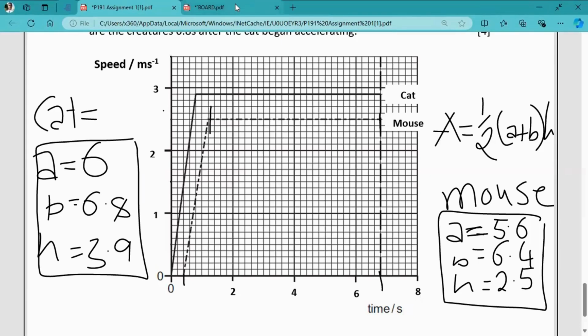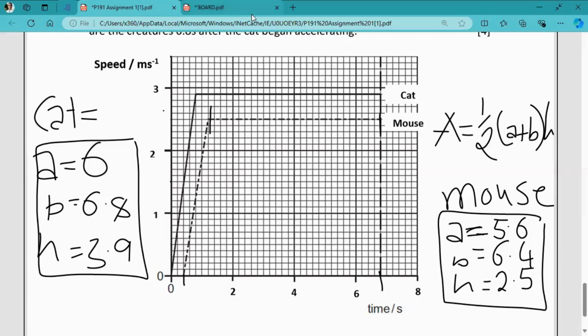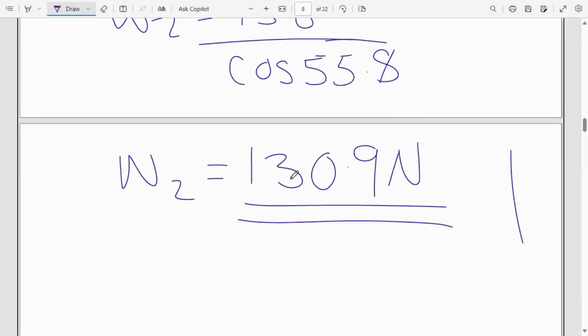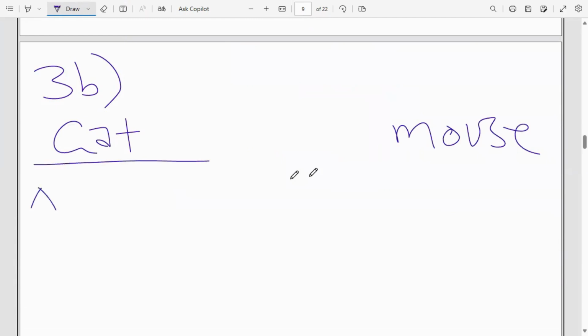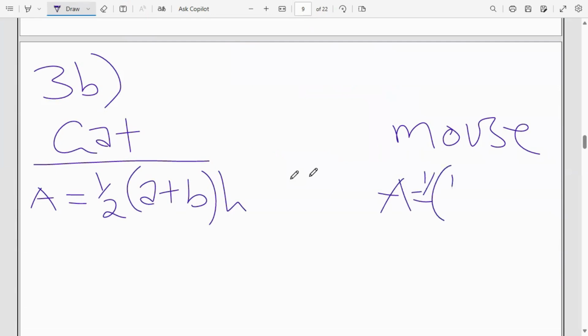So let's go to our blank board now. Don't know why the board is black. Okay. So we're going to say question 3b here. We have our cat and we have our mouse here. For the cat, the area is equal to half (A plus B) H. The same applies to the mouse.